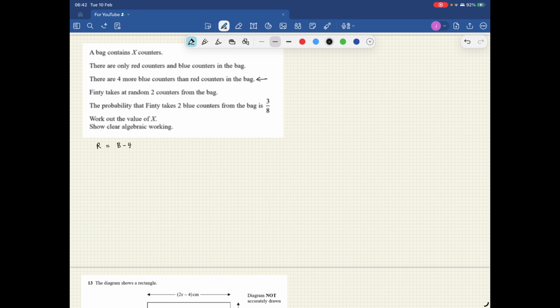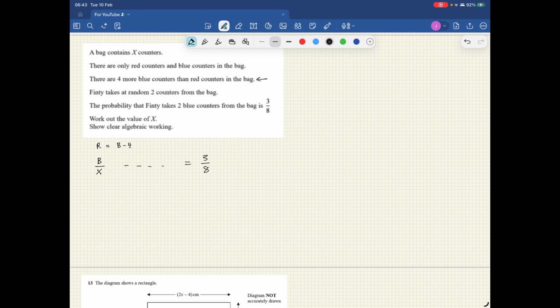Okay. What we can now do is think about these probabilities. We know, for instance, that the probability of him taking out a blue counter first is just the number of blue counters divided by the number of counters. And you can write that like this, B over X. But what would be useful is if we could write X purely in terms of B, because in the end, we want some expression here equals 3/8.